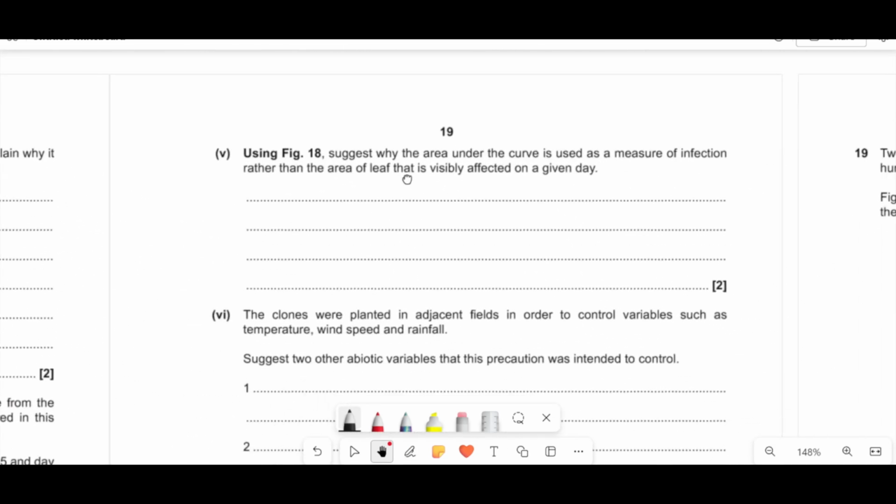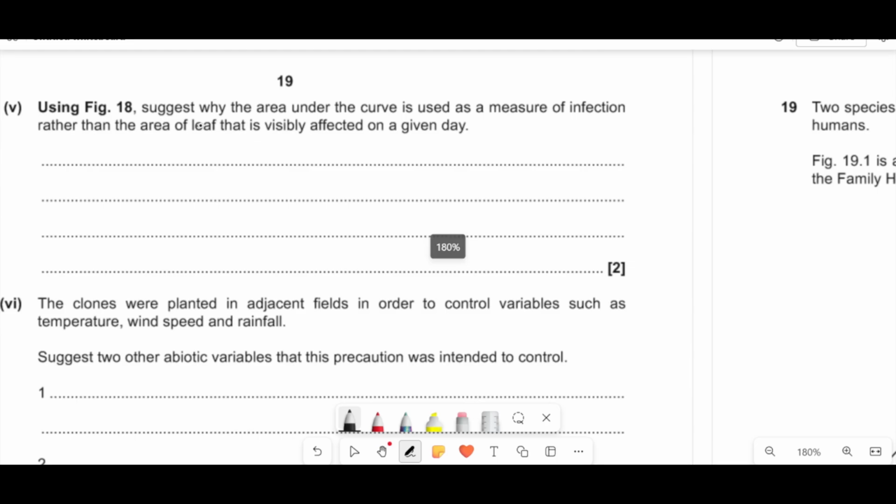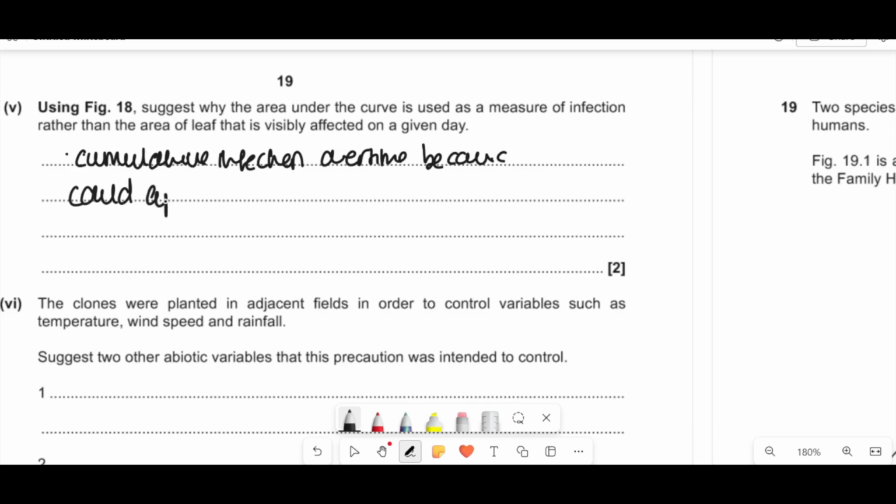So in this case, the reason is because it allows you to look at the infection over time, or the cumulative effect. It can show cumulative infection over time, because it could appear less or more infected at different time points, or days, really.